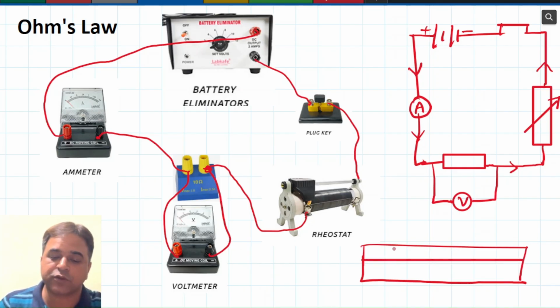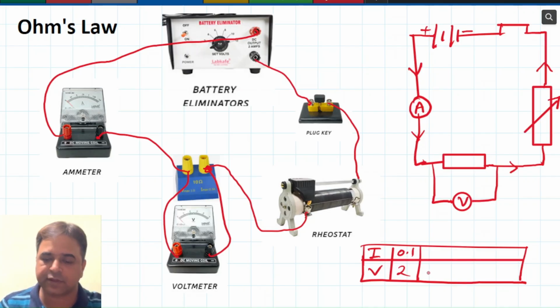If you want to control voltage or potential difference, you can change that with the help of this battery eliminator. This is a variable battery also. Suppose we are taking electric current and voltage. Suppose we have here voltage 2 volt and electric current we are getting 0.1 ampere.